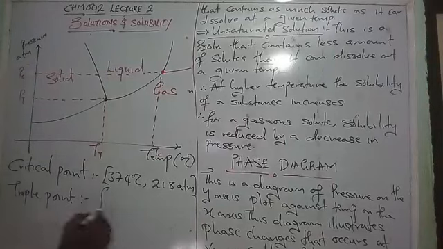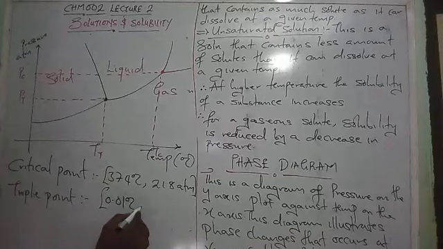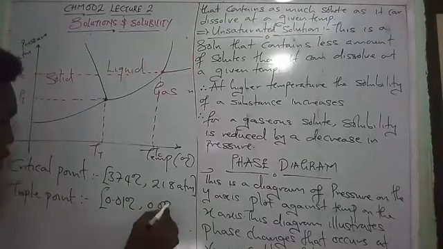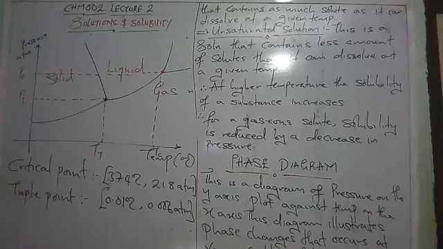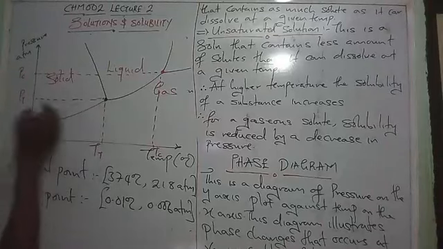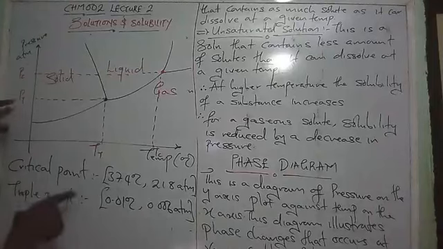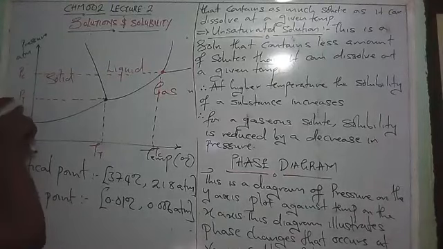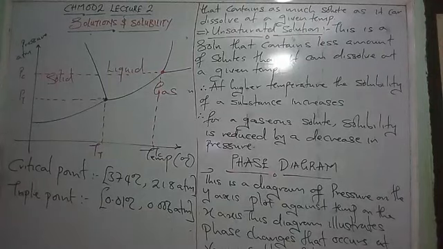But for your triple point, you have it at 0.01 degrees Celsius and 0.006 atm. So this is an important point. This point here is referred to as 0.01, and the triple point pressure is referred to as 0.006 atm.